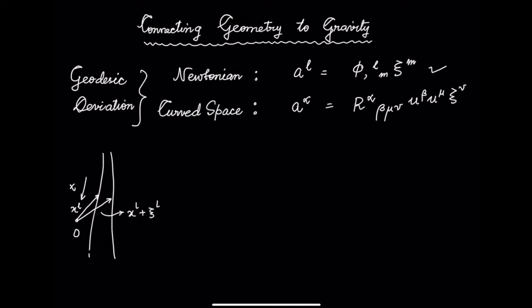Then we compared it with a similar situation in a case where I don't have any gravity as such, but I have trajectories in a curved manifold, a Riemannian manifold, where again the trajectories are geodesics.